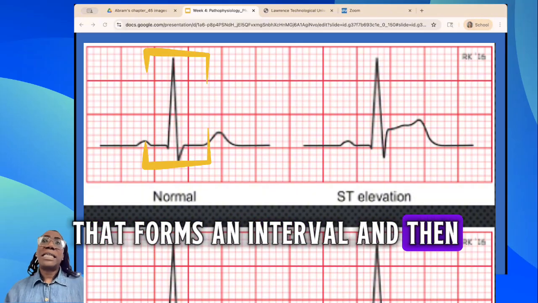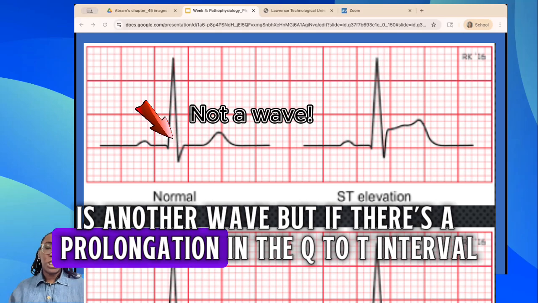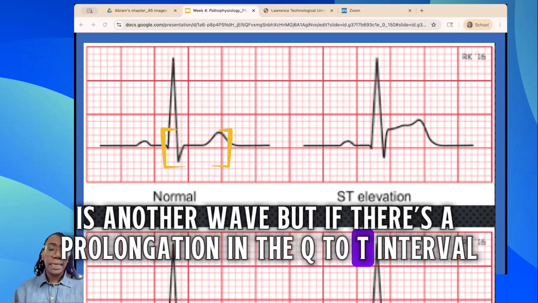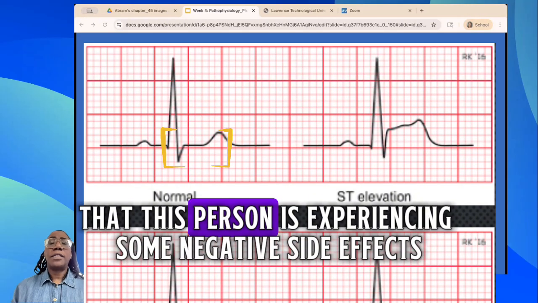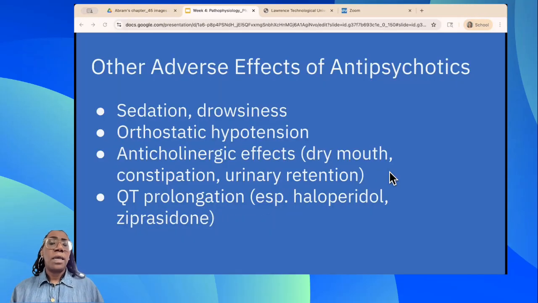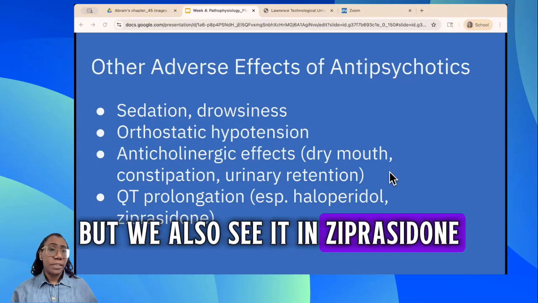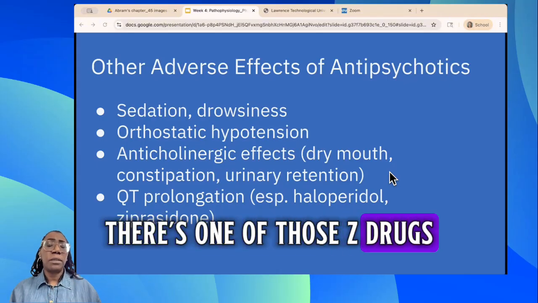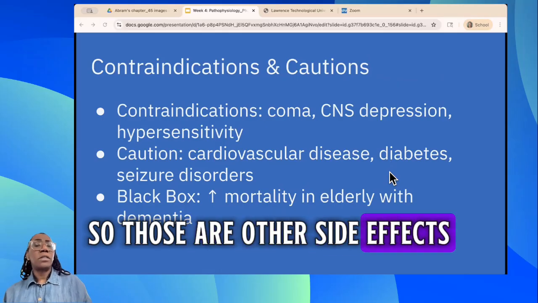And then T is another wave. But if there's a prolongation in the Q to T interval, then that could be an indication that this person is experiencing some negative side effects from those medications. And you'll see that definitely in the typical haloperidol or Haldol, but we also see it in ziprasidone. There's one of those Z drugs, and that is an atypical. All right, so those are other side effects.